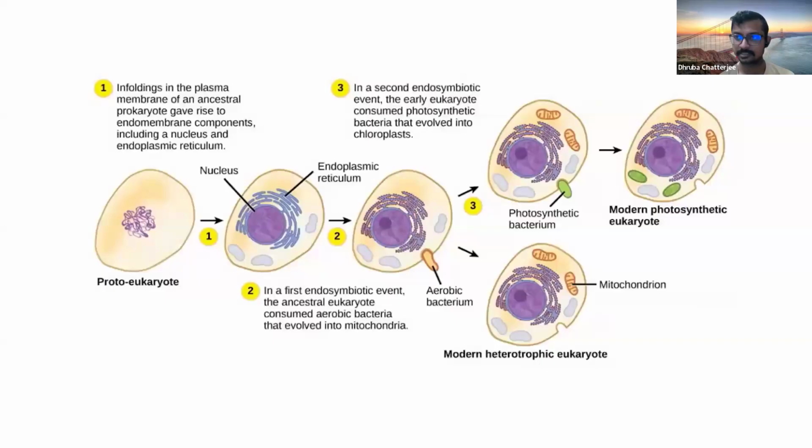There was also transfer of genes between the bacterium and the ancestral eukaryotic cell, and eventually this bacterium became an organelle of the cell, which kept on being passed on from the mother cell to the daughter cell. The animal cell, or heterotrophic eukaryotic cell, is basically a result of just this endosymbiotic event.